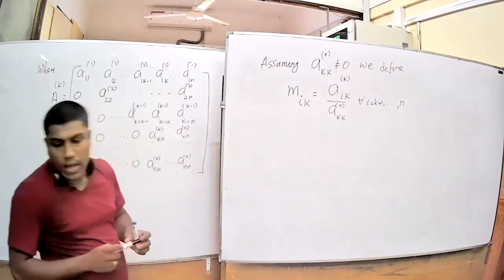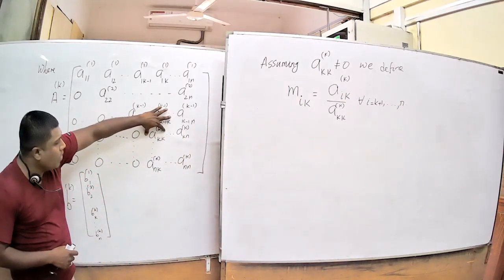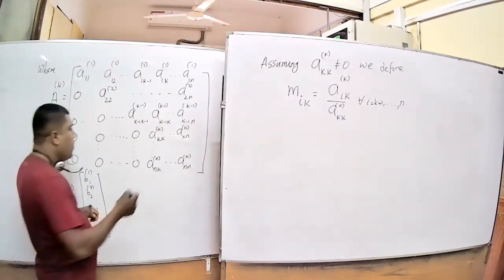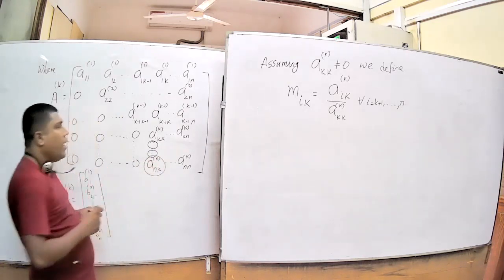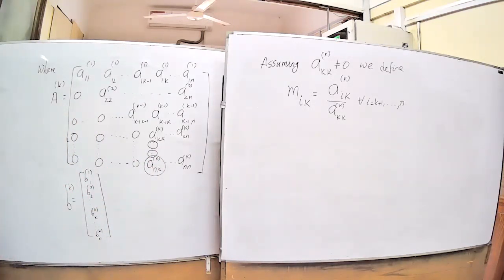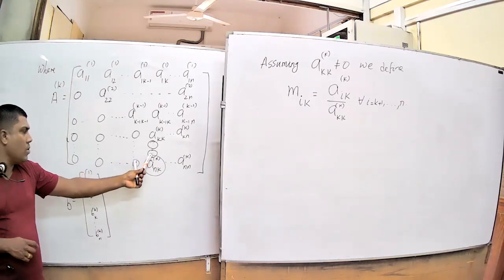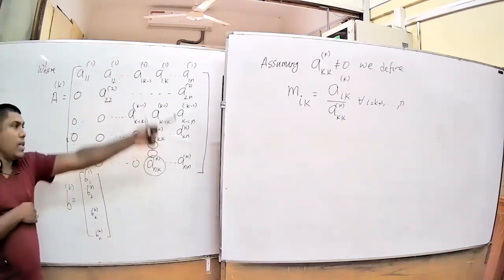Okay, so now by using this value, you have to eliminate everything here. By using this, you have to make 0, 0 all the way up to 0 here. That means you have to find multipliers for this row, this row, this row, and all the way up to the nth row. So that is what we did.